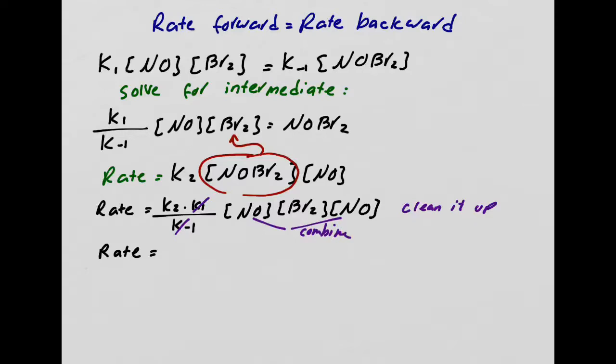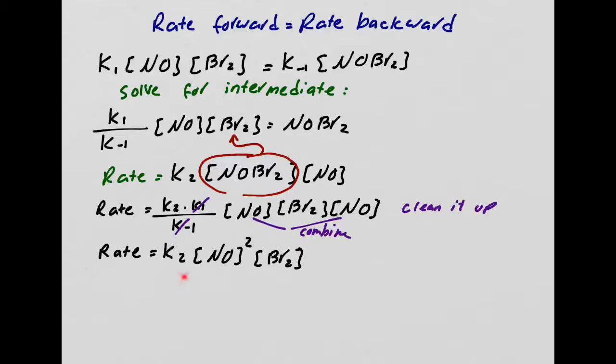So the rate is going to equal K2 times NO to the power of 2 times Br2. I know I'm going really slow. Sorry if you're a little bored. Don't fast forward, just keep listening to me. Not too bad, okay?